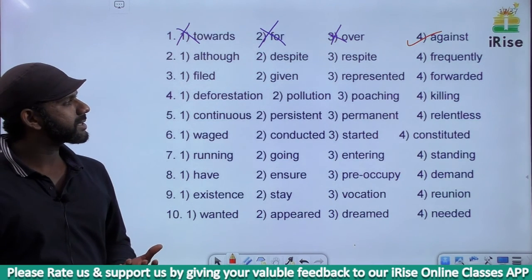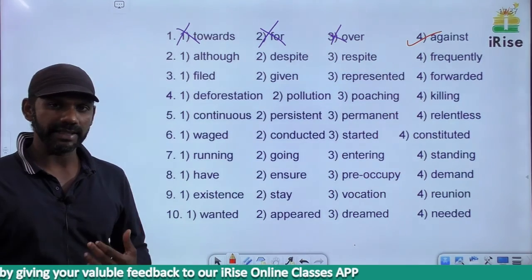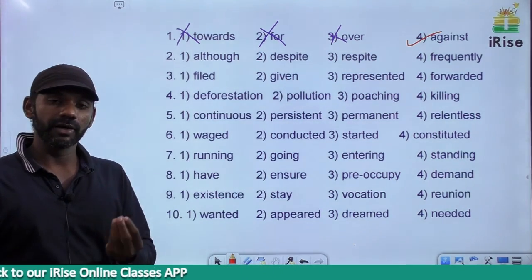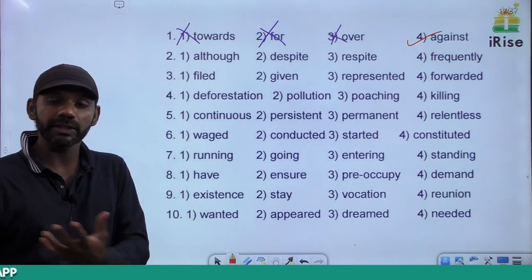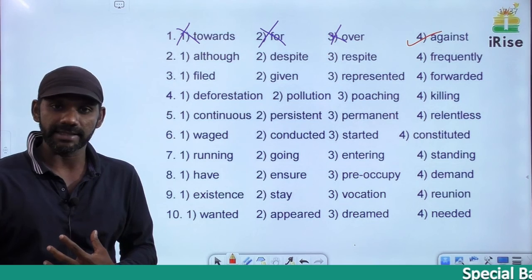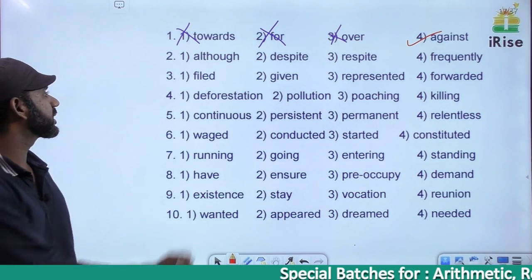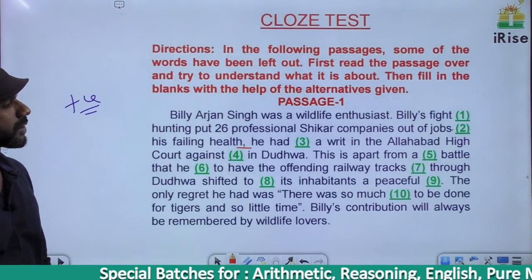We file a case, give a case, represent a case, or forward a case. We don't give a case. We don't forward a case. We forward a suggestion or a statement. We don't represent a case. Representing means that on behalf of others we stand. That is representing. We don't represent the case as well. We file a case. So it must be filed a writ in the Allahabad High Court.